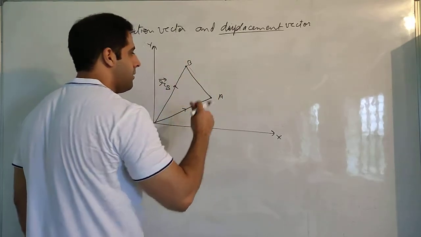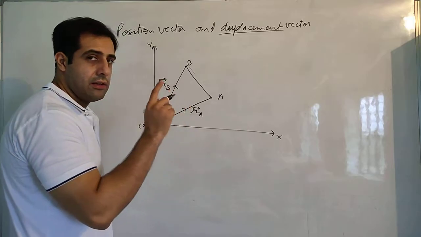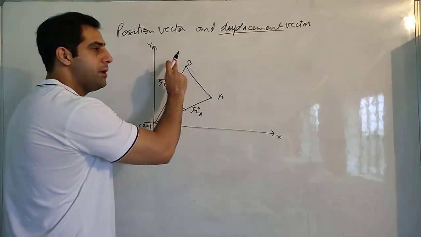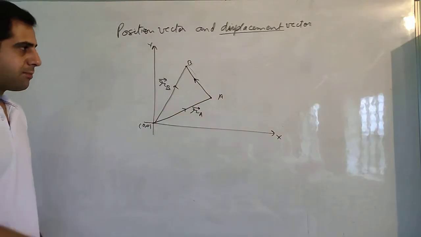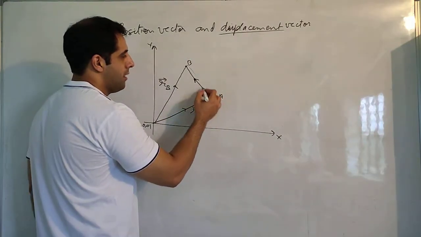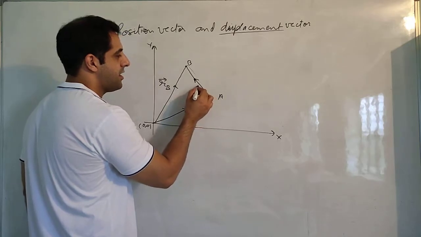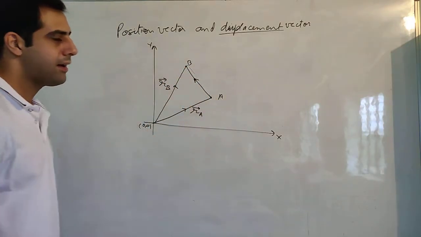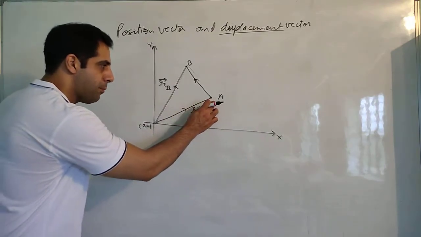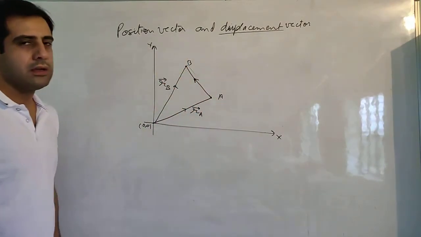joining A and B, and since the particle went from A to B, its direction will be like this. So the displacement vector will be this. This is telling us the displacement of the particle from point A to point B. r_A and r_B are telling the position of the particle at point A and at point B respectively.